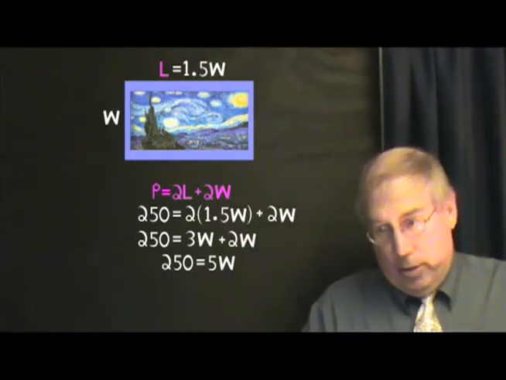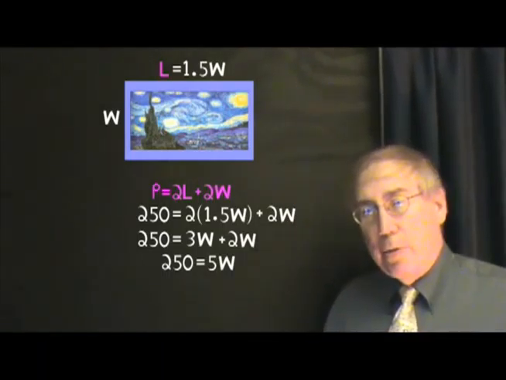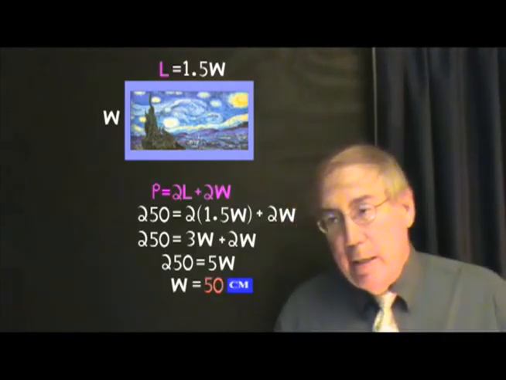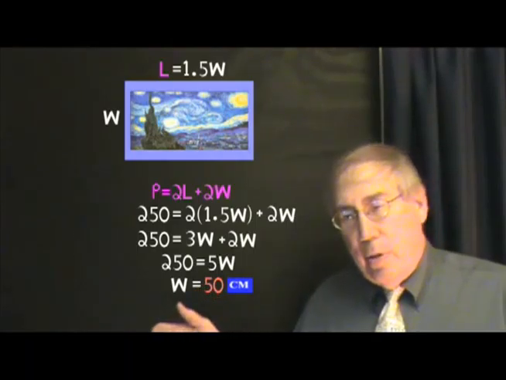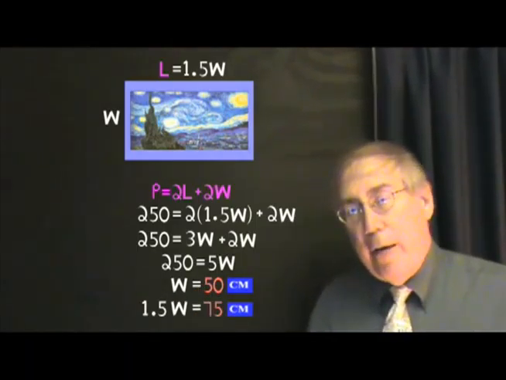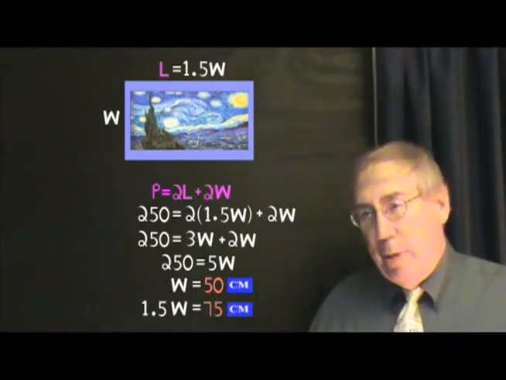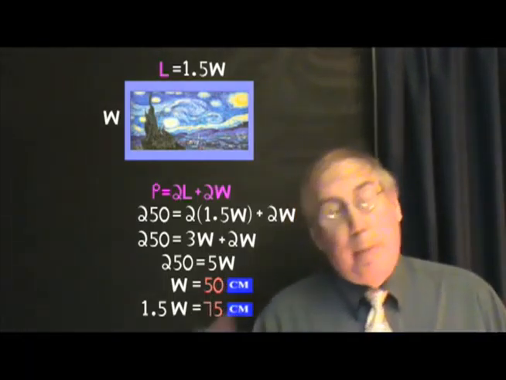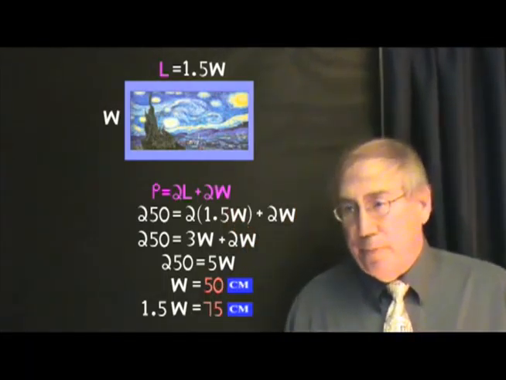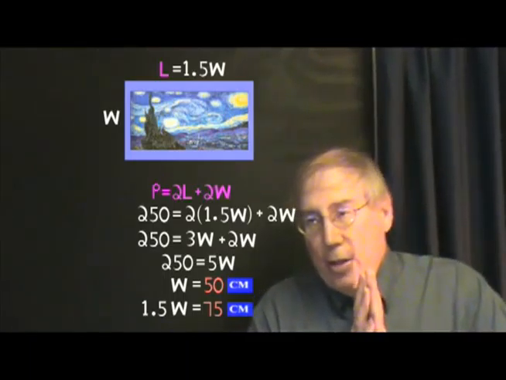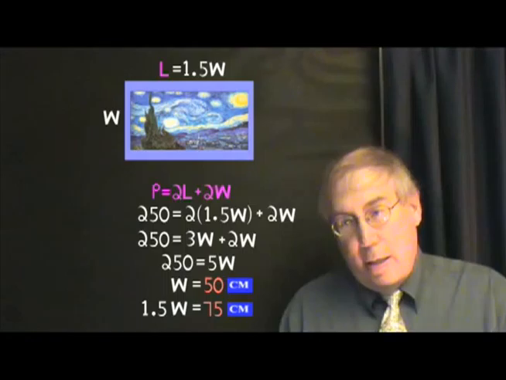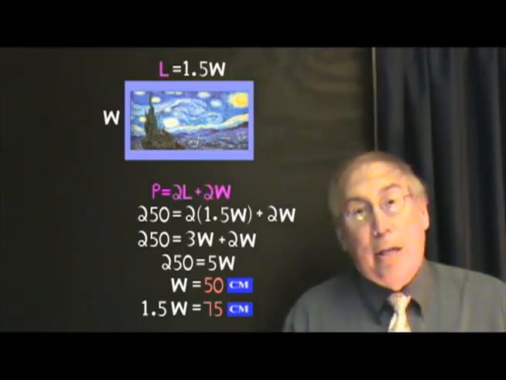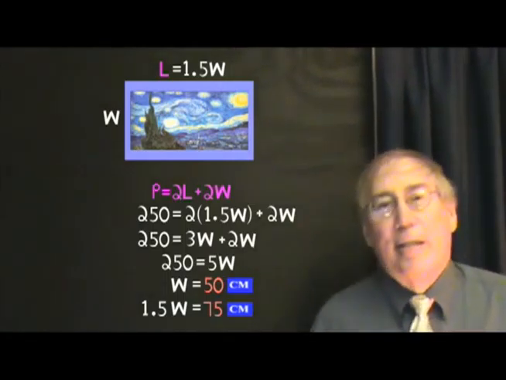Now that works to 250 equals 2 times 3W plus 2W, rather, 250 equals 5W, and then W equals 50 centimeters if you divide through by 5. And so to get the length, we multiply 1.5 times the 50, which is W, and we get 75 centimeters. Thank you.